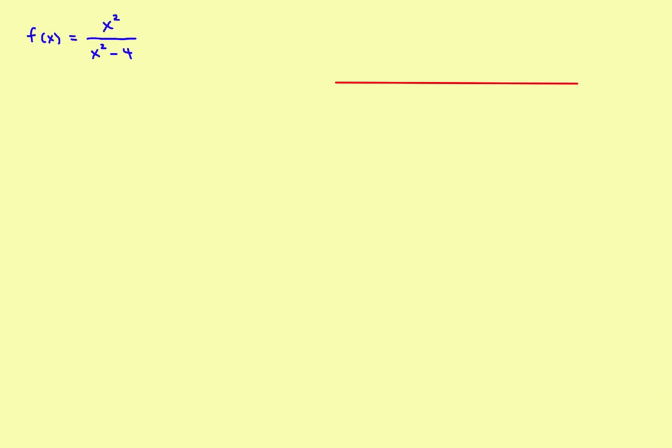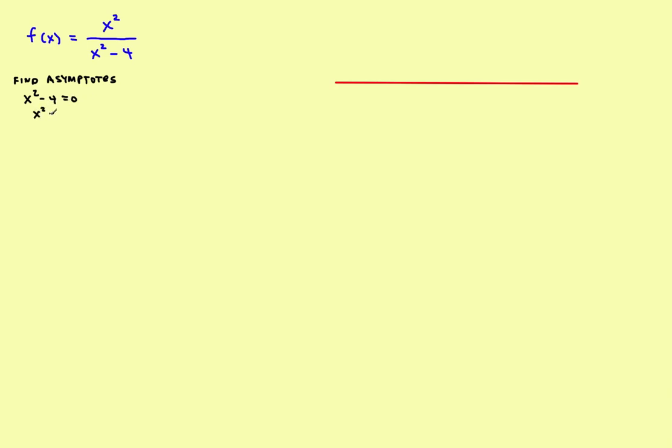So the very first step in this one is to find the asymptotes to the graph. To do that, take the denominator and set it equal to 0. So x squared minus 4, set that equal to 0 and solve for x.